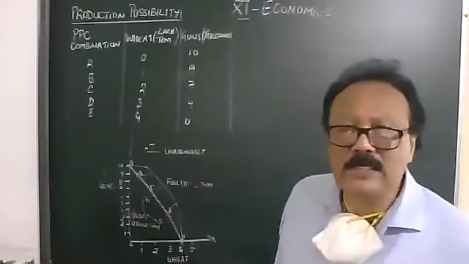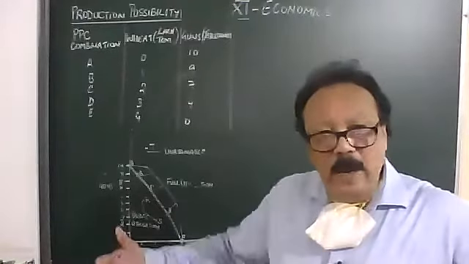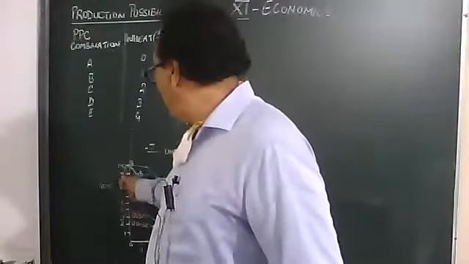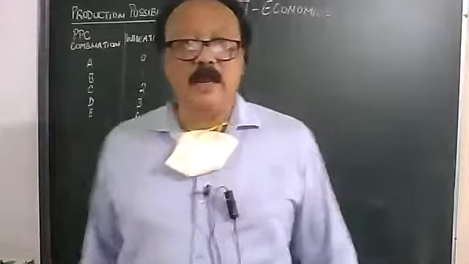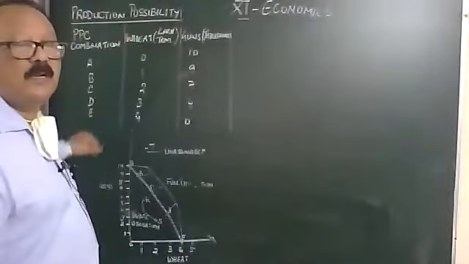Unattainable. Why is it unattainable? Something which we cannot attain. We cannot attain it simply because our resources are limited, and with our limited resources, these are the possibilities.